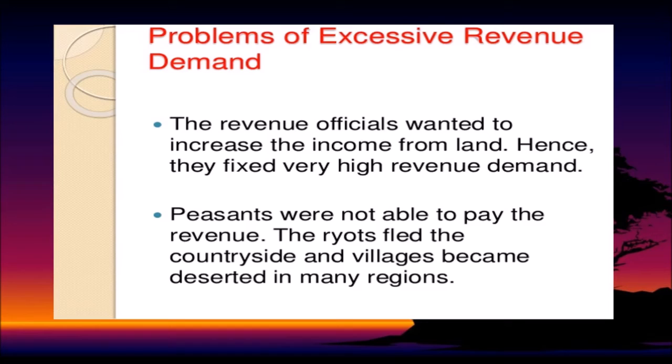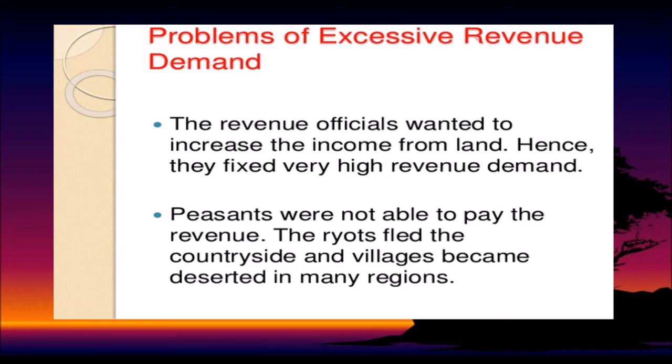So what happened? The revenue officials wanted to increase the income from our land. So in order to increase the income from the land, they had to fix a high rate, high tax. They fixed a high amount for the Indian farmers to pay in order to increase their income through the lands. And what happened?